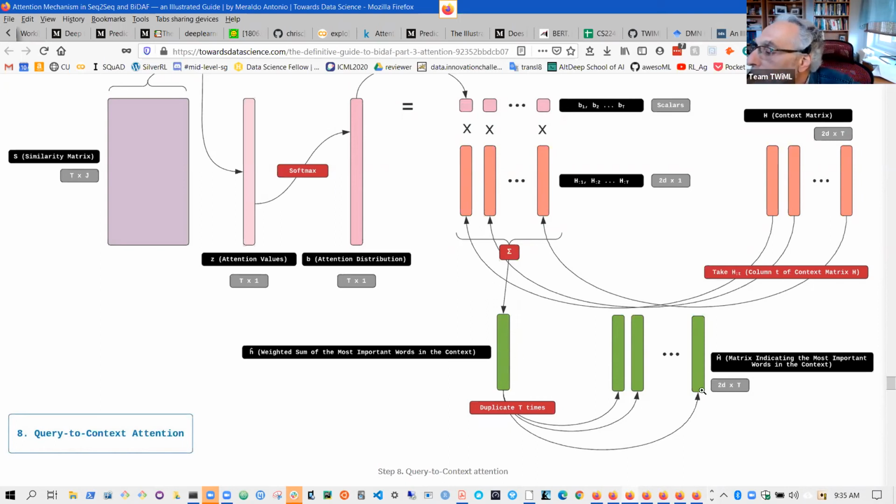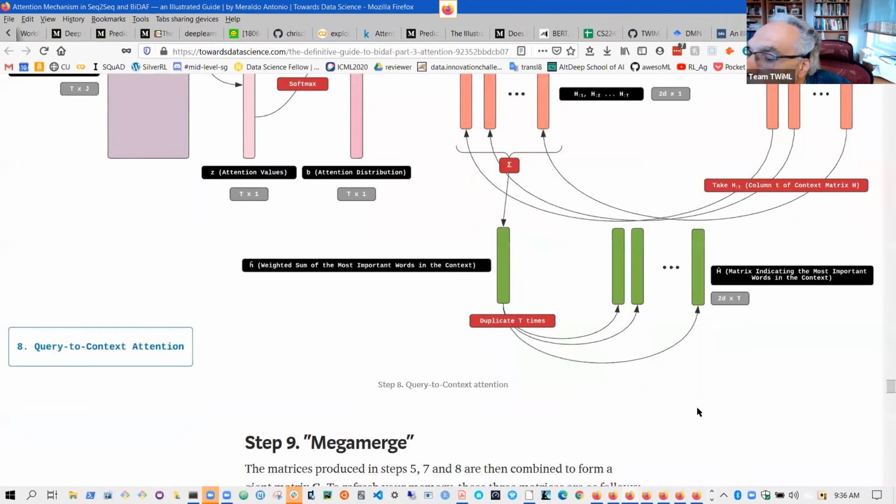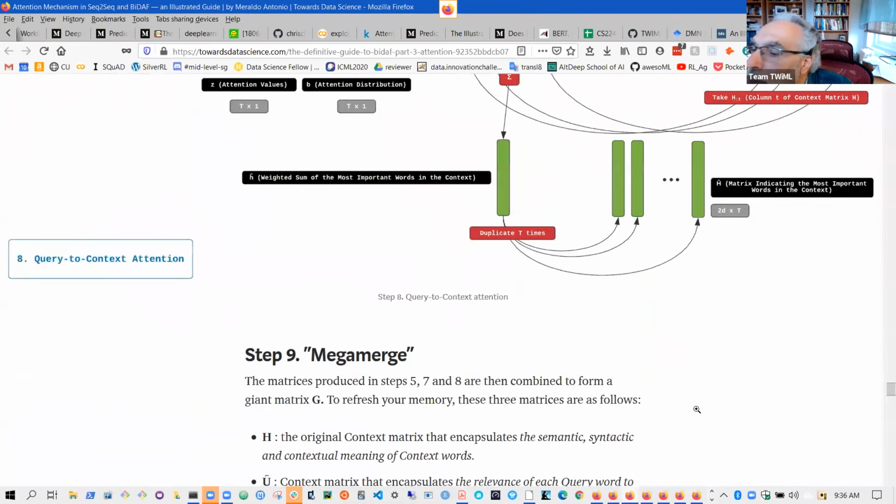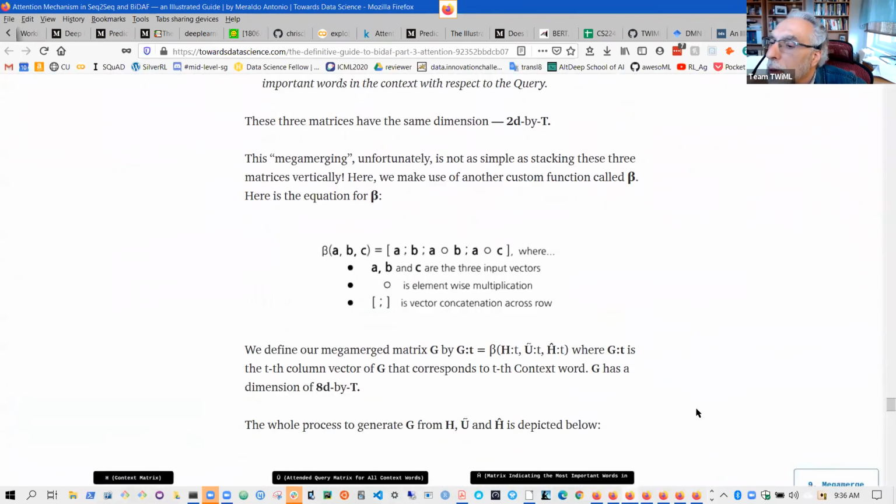And then, let's see. Of course, this gets duplicated T times for the next operation, which I don't know why they're doing. Duplicate T times, what happens next? Merge, mega merge.